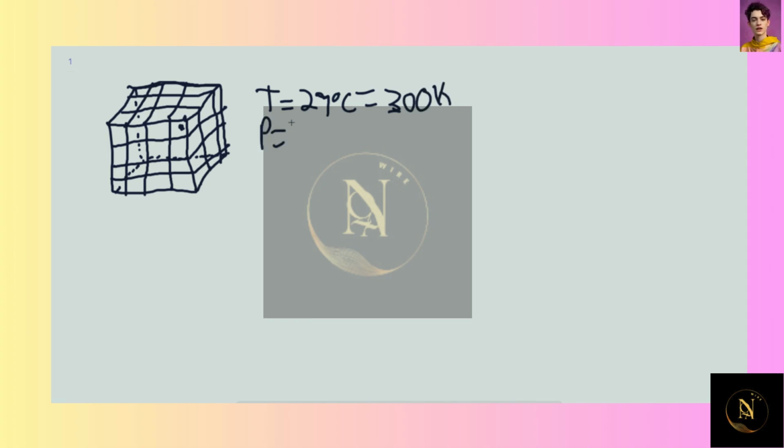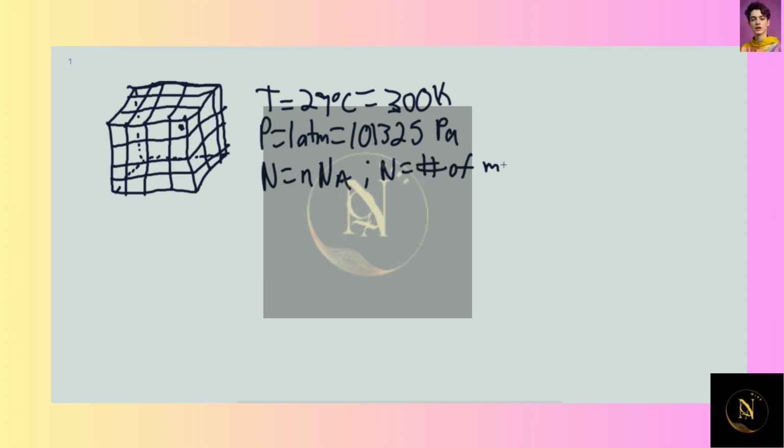Our pressure is 1 atmosphere, which we can convert to pascals: 101,325 pascals. And we can say that N equals n times Na, where N is the total number of molecules and n is the number of moles.